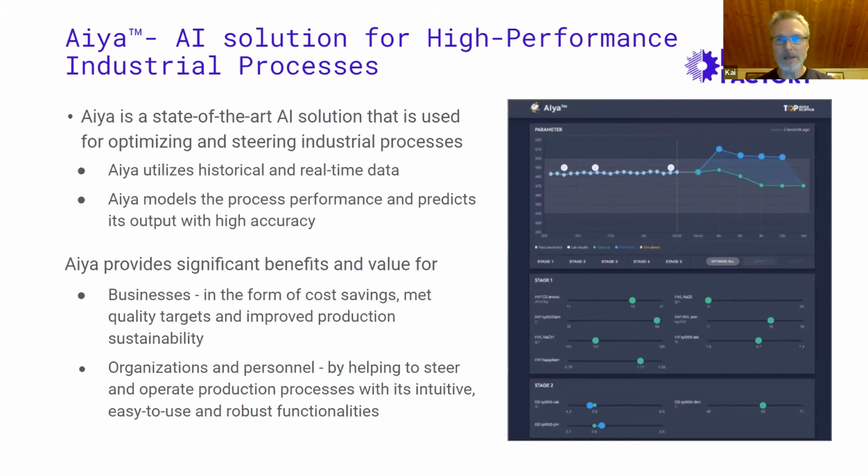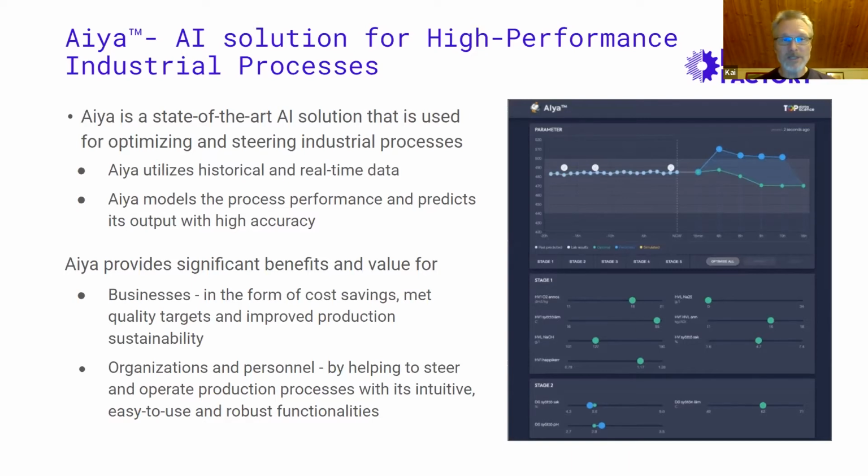So it is a really intuitive way to understand how the process is impacted per stages, and how the organization operates the process in order to meet set quality targets with optimized costs and, for example, usage of chemicals as one example.